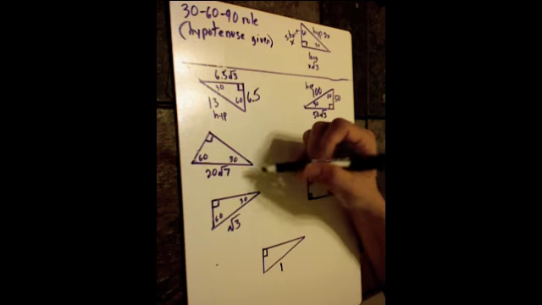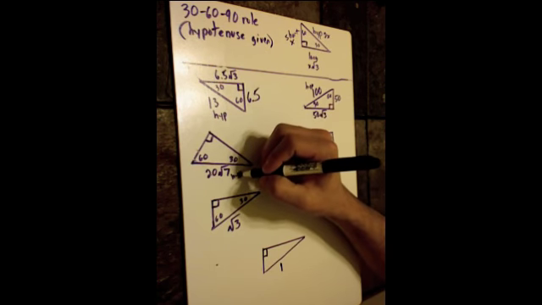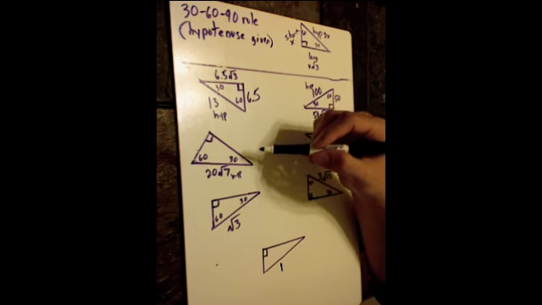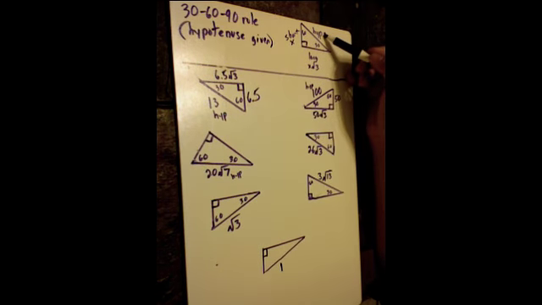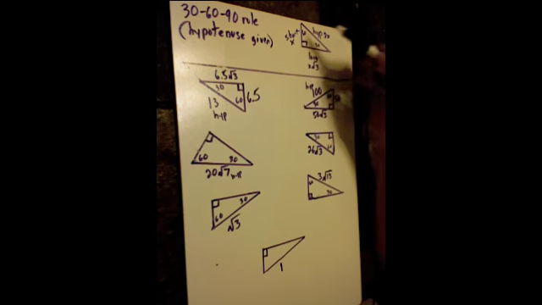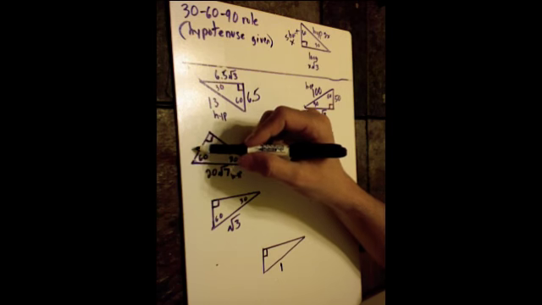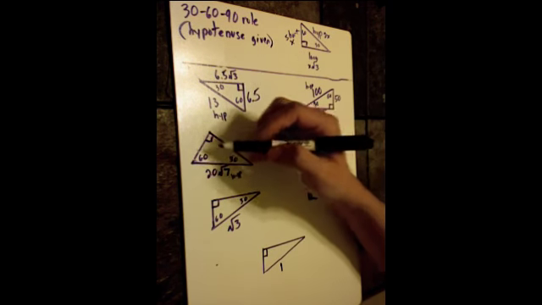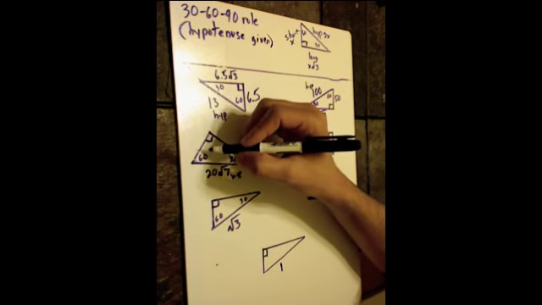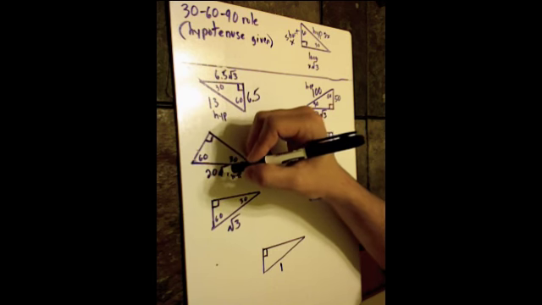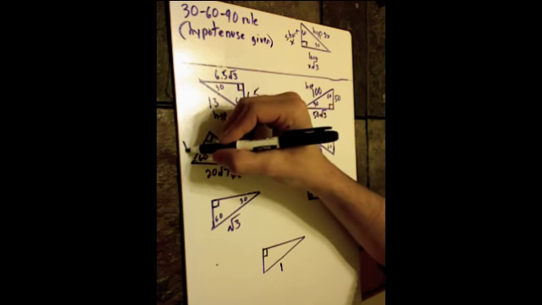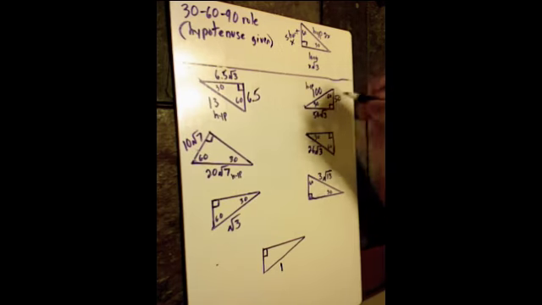Well, moving right along. Again, opposite the right angle is my hypotenuse. So 20 times the square root of 7 is my hypotenuse. If I know the hypotenuse, I can get the short leg. If I take half of the hypotenuse, I get the short leg. So 20 square root of 7 divided by 2, I'm just going to divide the 20 by 2, and I get 10 square root of 7.